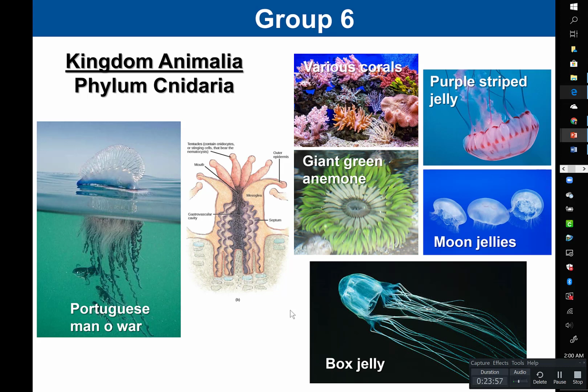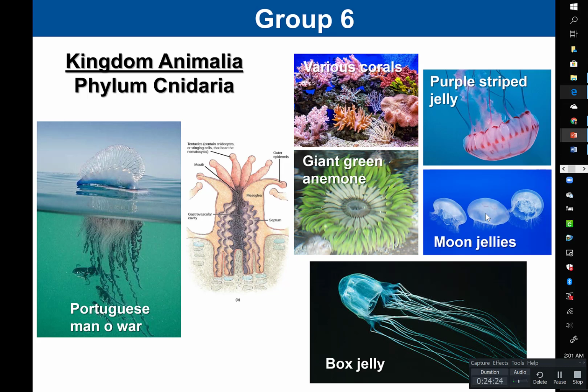Now, in terms of their shared characteristics, what did these all have in common? And what you should see is that they contain stinging cells, nematocysts, right? Jellies can sting you, sea anemones can sting you, etc. They have what's called radial symmetry, right? So if you look from the top down of the jellyfish, it's like a pizza. You can cut it in many different directions.